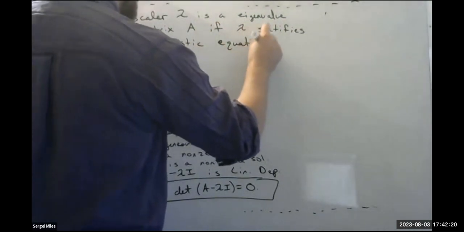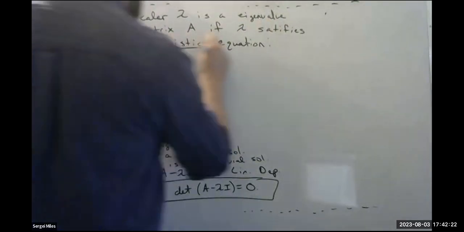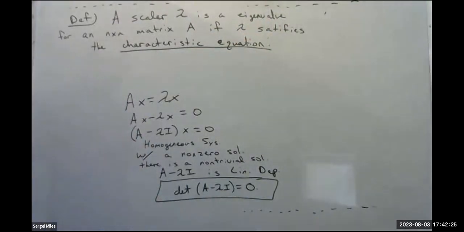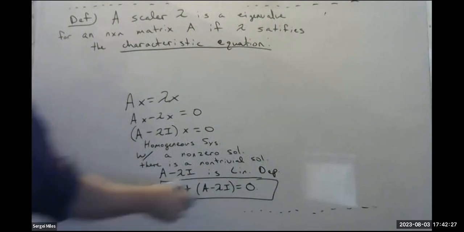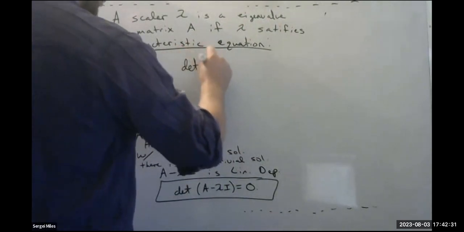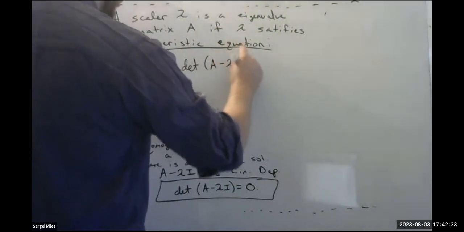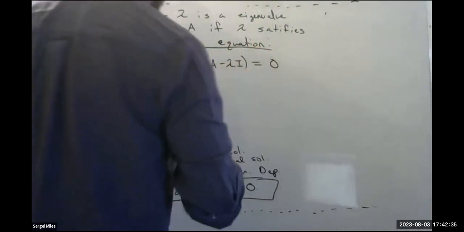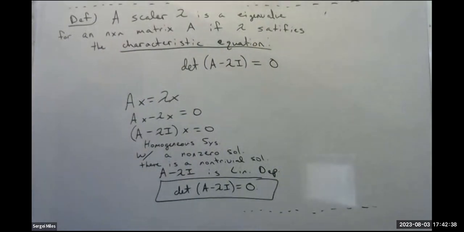So we're introducing this vocabulary. Characteristic equation. What is the characteristic equation? Well, it's precisely this, where we have the determinant of A minus lambda I set equal to 0. We can use this to solve for any eigenvalues we could possibly like.